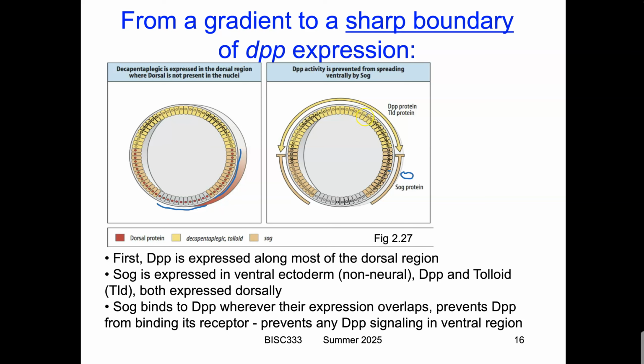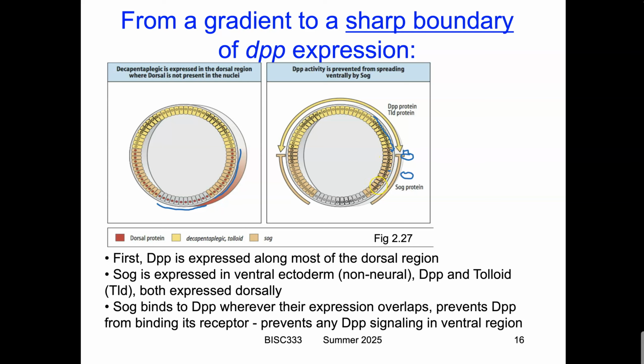And then here's your decapentaplegic protein, and here it comes down the side here. Maybe it's a square. And any time that SOG meets DPP, it binds to it. Okay, so that means it can't signal. It can't go into the next cell here and start turning on a whole bunch of genes for the wrong cell type.